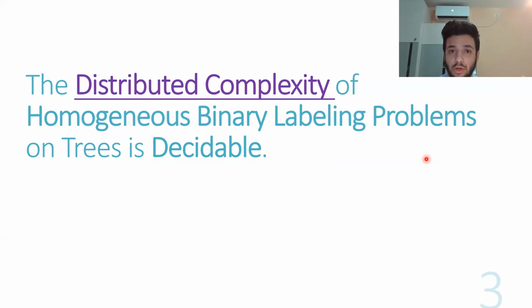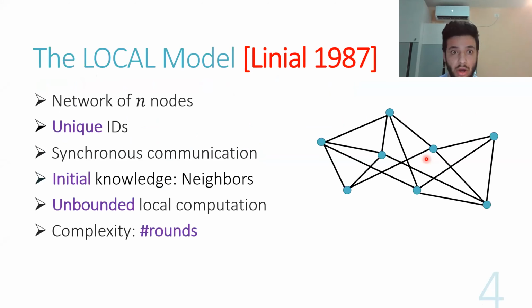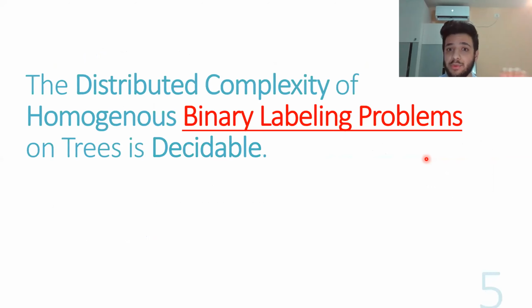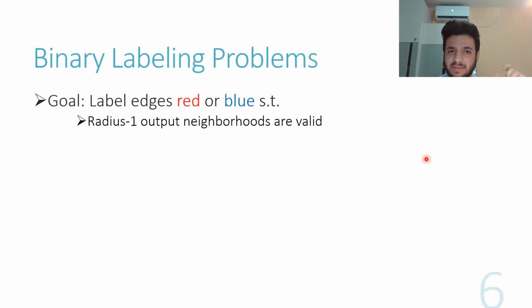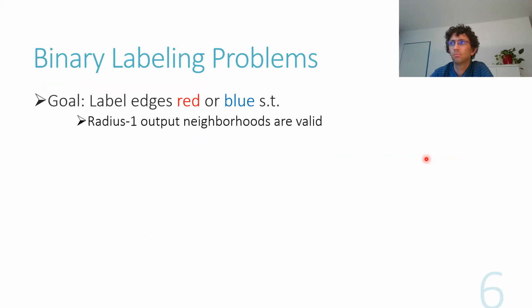The first part is distributed complexity. In this work, we mean the LOCAL model of computation, which was already introduced in this session, so I will not elaborate on it. Next, we have binary labeling problems. Intuitively, given some input graph, we are tasked with labeling its edges either red or blue, such that some radius 1 output neighborhood constraints are satisfied.